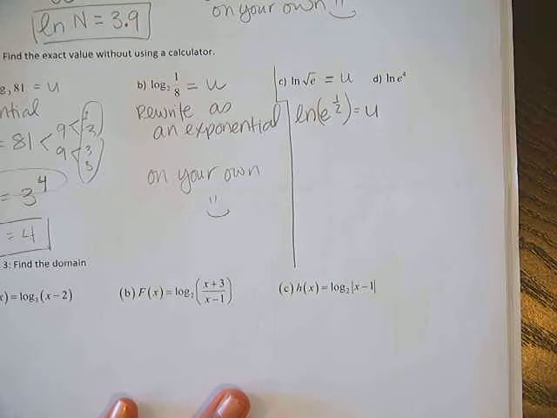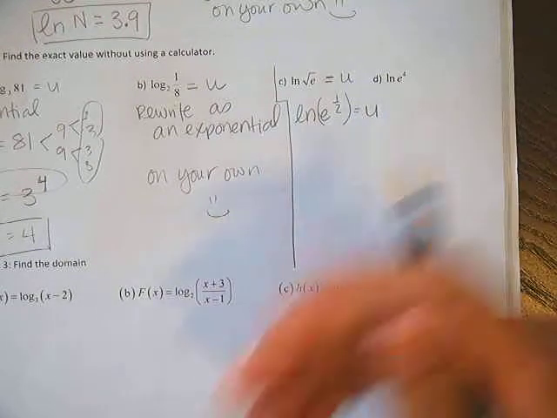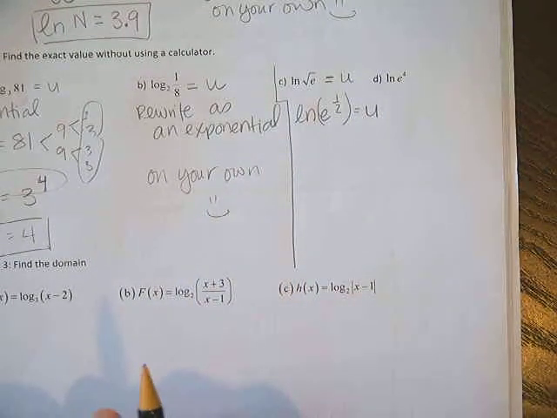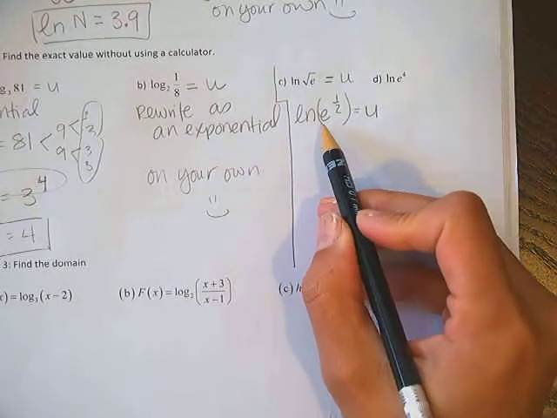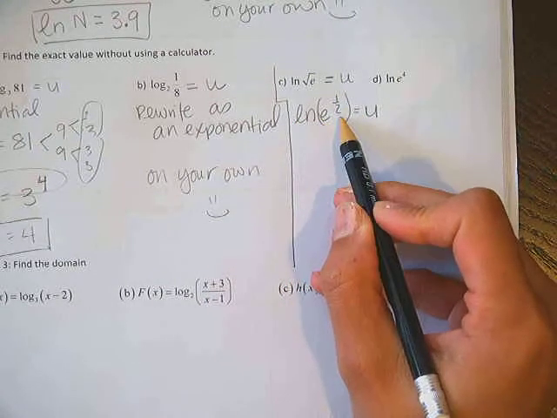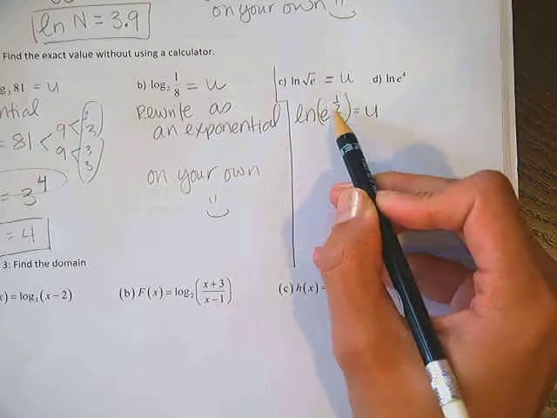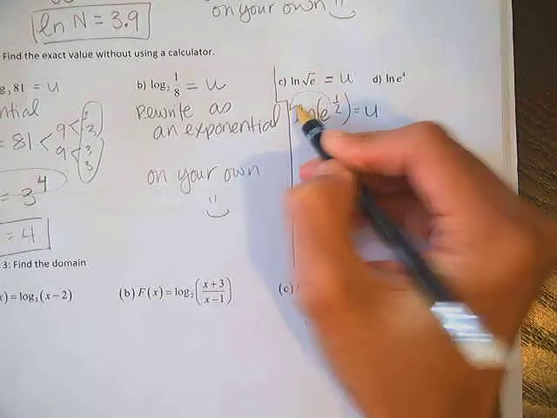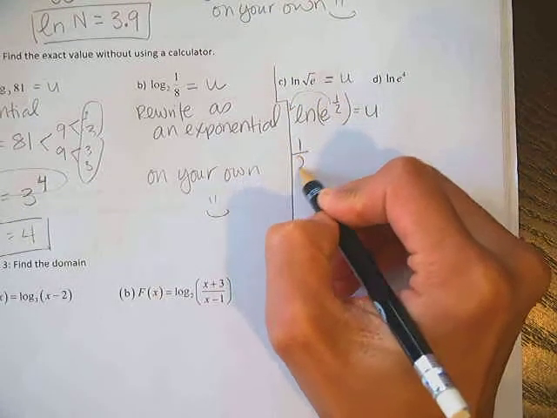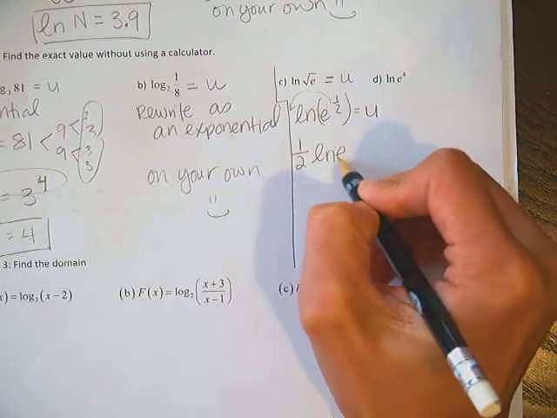So from here, based on the power rules that you have from your exponential unit, ln of e to the 1/2, because this is an exponent, it becomes a multiplication. So that's the same thing as 1/2 times ln of e equals u.